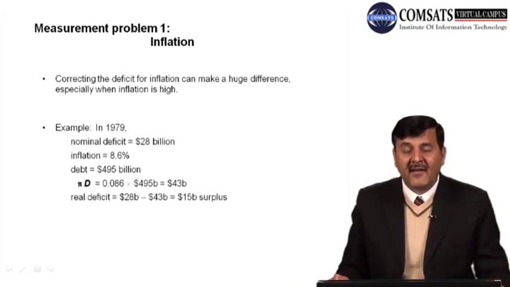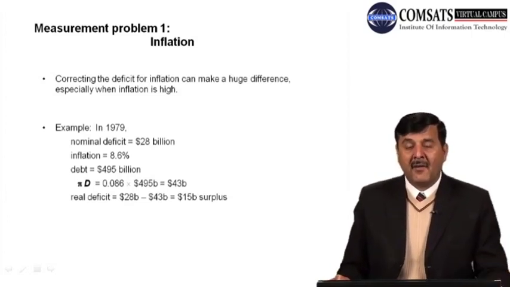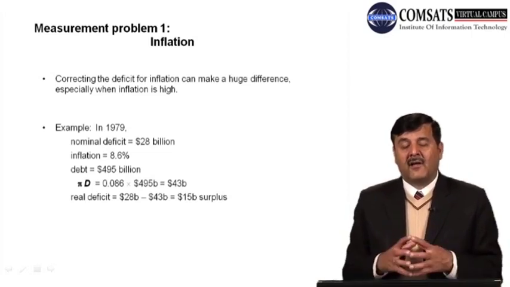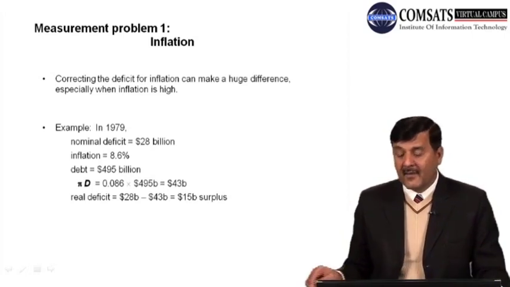So then real deficit kya hoga? 28 billion, which was the nominal deficit, and the deficit corrected for inflation, nominal debt corrected for inflation is 43 billion. दोनों को अगर subtract कर ले तो 15 billion US dollar is the surplus, right?